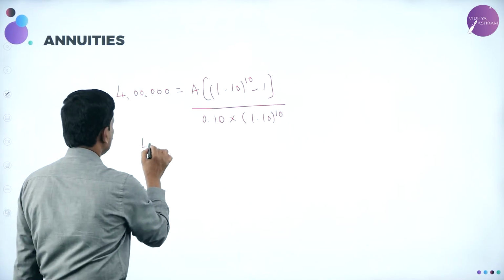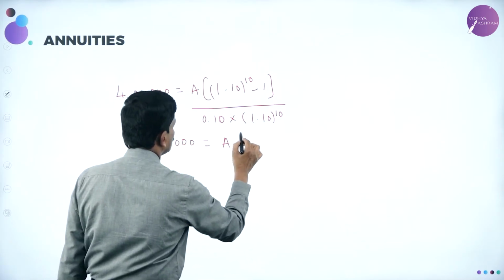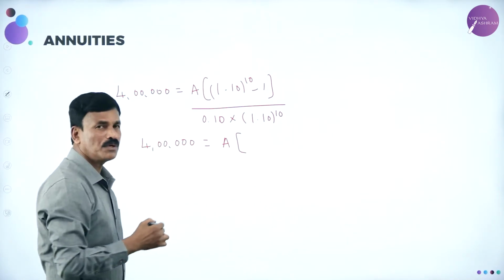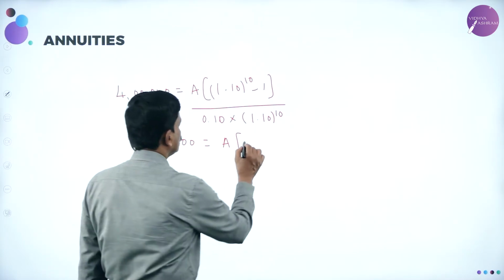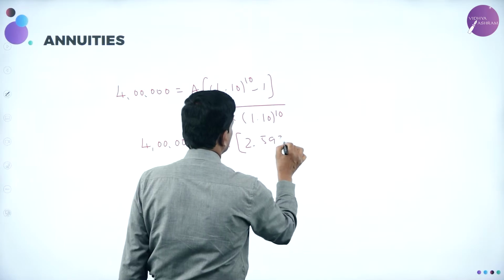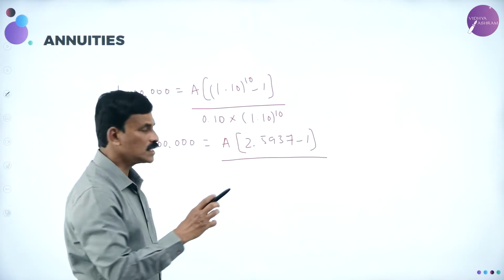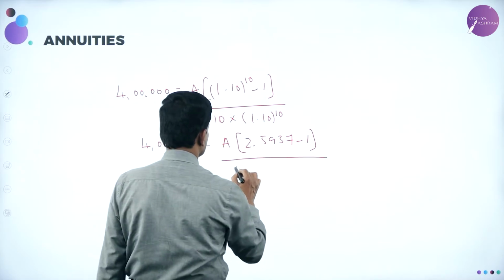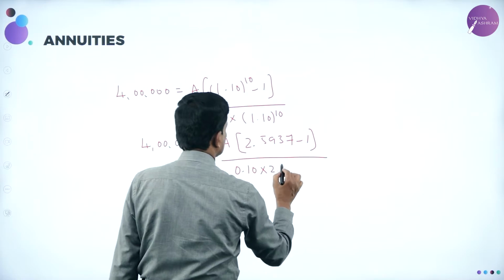Now, after simplification, 4 lakhs is equal to A into, let us simplify this. 1.10 to the power of 10 is equal to 2.5937 minus 1 divided by the same value 0.10 into the simplified form.